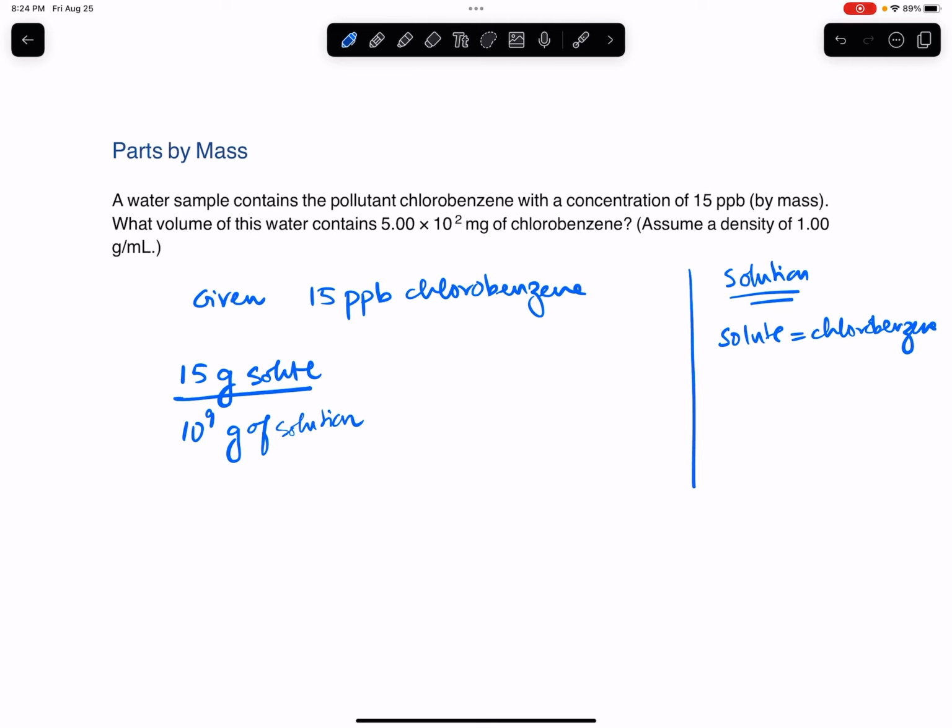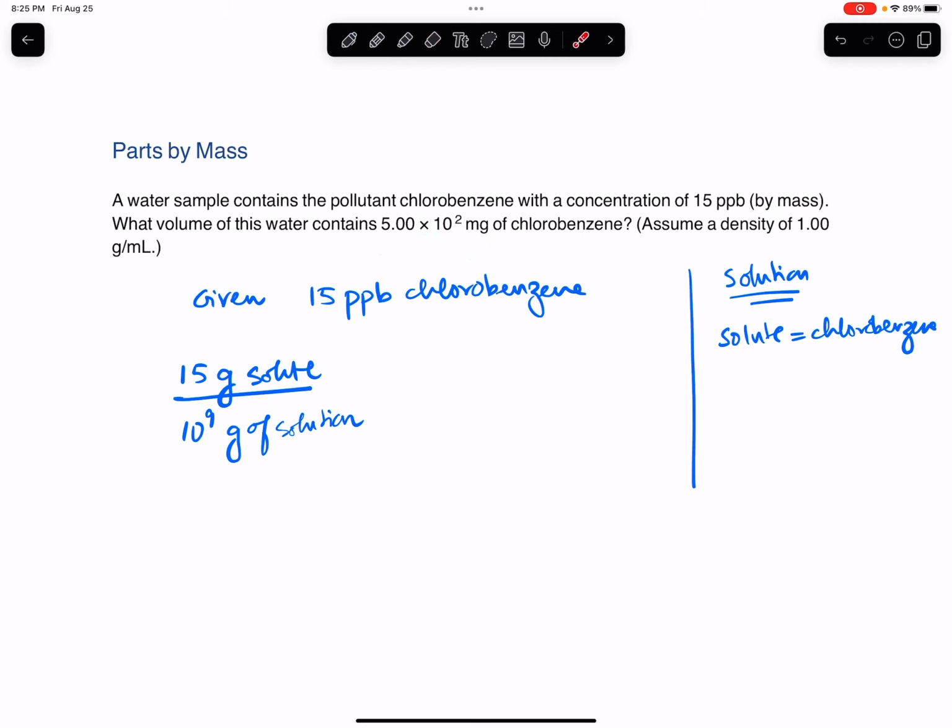Okay, so now we need to understand that if we take this solution and reduce the quantity of the solution, at some point we're going to get 5.00 times 10 to the power 2 milligrams of chlorobenzene. If you convert this to grams, you'll have to multiply by 10 to the power negative 3. It ends up being a very small quantity.